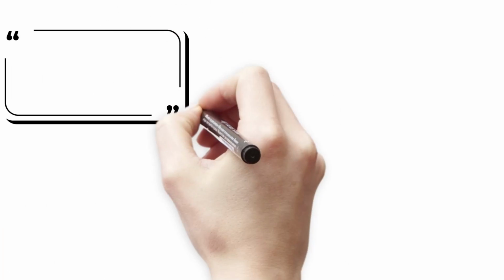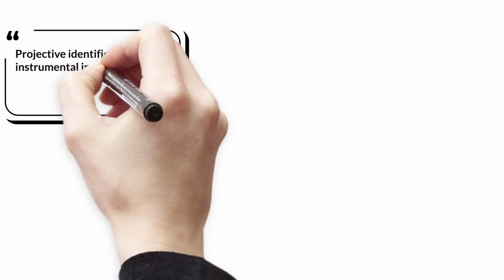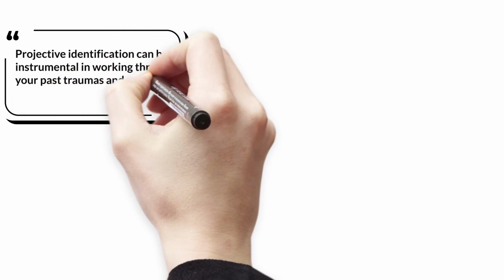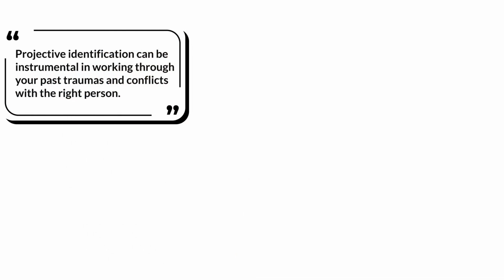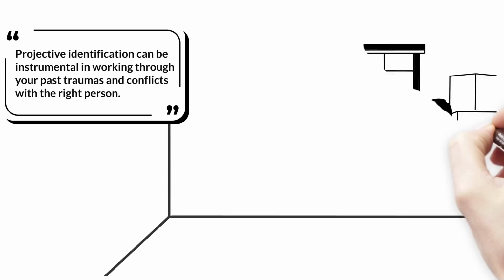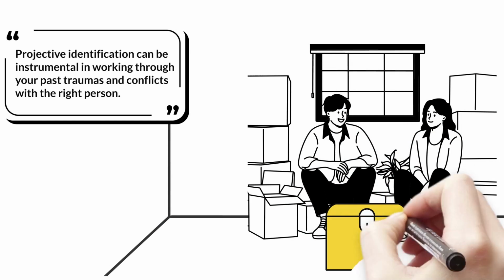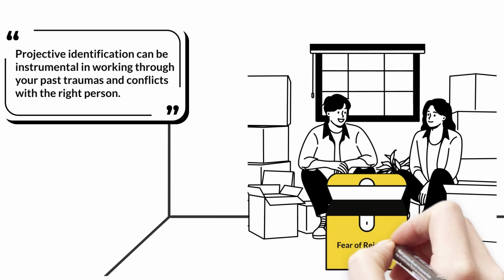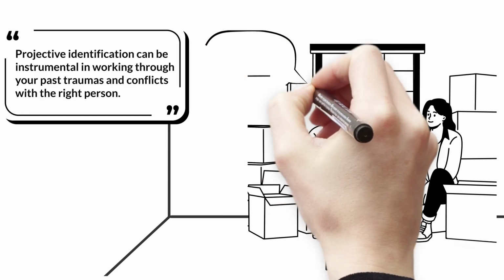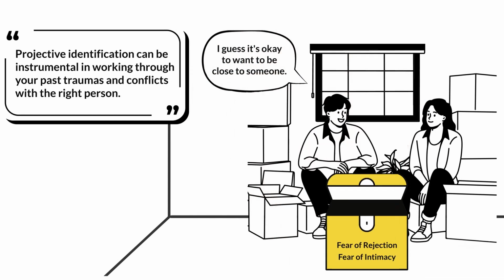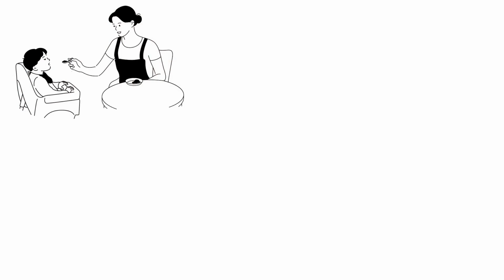As we can see from the second scenario, projective identification can be instrumental in working through our past traumas and conflicts with the right person, such as a caring therapist or a loving partner. When we see that our partner or therapist is able to process the projective feeling that we perceived as intolerable, we begin to internalize that these feelings may not be as scary as we initially thought. Another metaphor for this process is the interaction between mom and an infant.